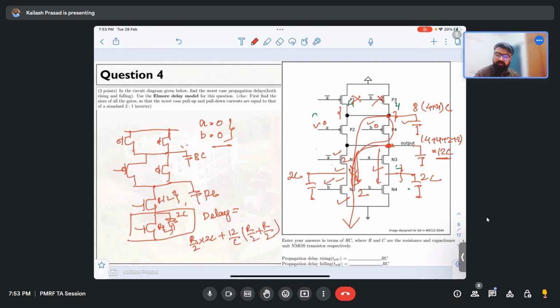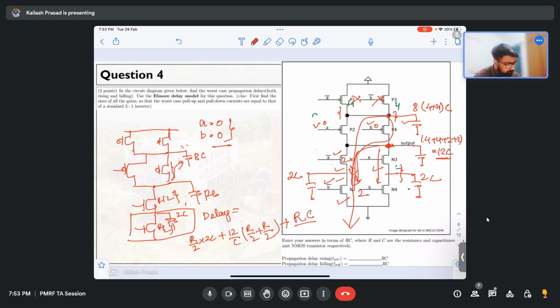Plus, if you see the off path, what is the resistance for this particular path? From here, this will be R times C. How many C?